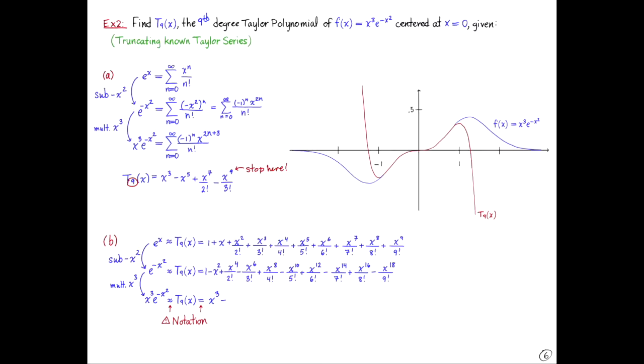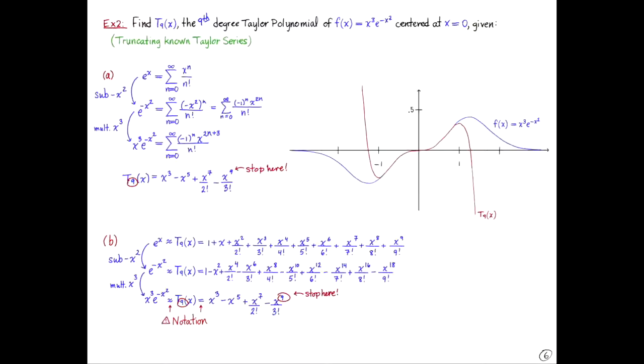We add the exponents, and that becomes x to the 5th, plus x to the 4th times x cubed gives us x to the 7th, and that's over 2 factorial, minus multiplying x to the 6th over 3 factorial through by x cubed gives us x to the 9th over 3 factorial. And since we've reached the 9th degree term and we're looking for the 9th degree Taylor polynomial, we can stop here.